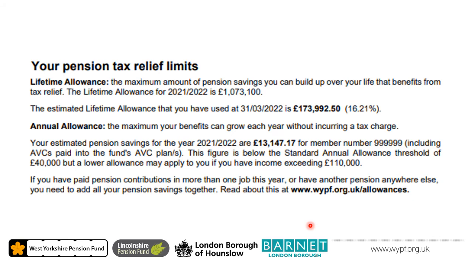The current allowance is £1,073,100. As part of your pension statement, we work out the percentage of that you have used in this particular employment. A particular member has used £173,992.50 worth, which is 16.21% of their lifetime allowance.